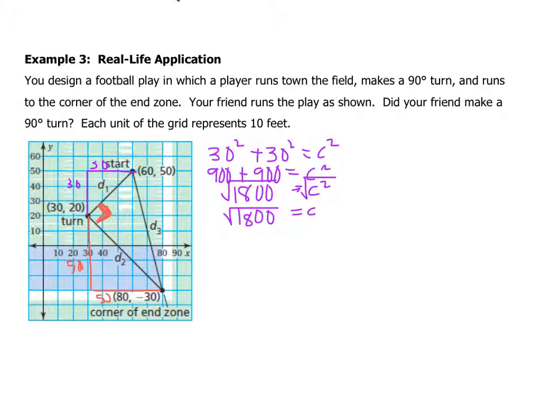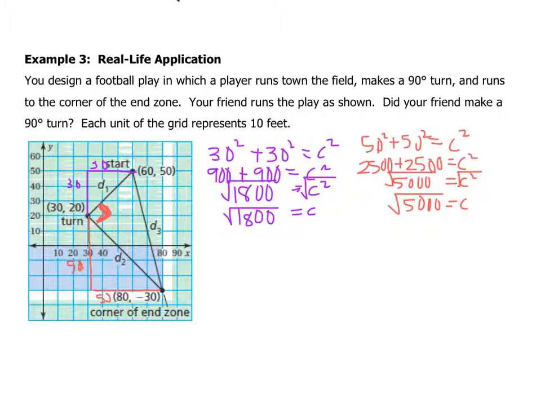So I get 50 squared plus 50 squared equals c squared. All right, pause the video and do it like we just did the other one. Don't get the decimal, just leave it as a square root. All right, so I got that c equals the square root of 5,000. Just play along and you'll see how it all works out at the end.